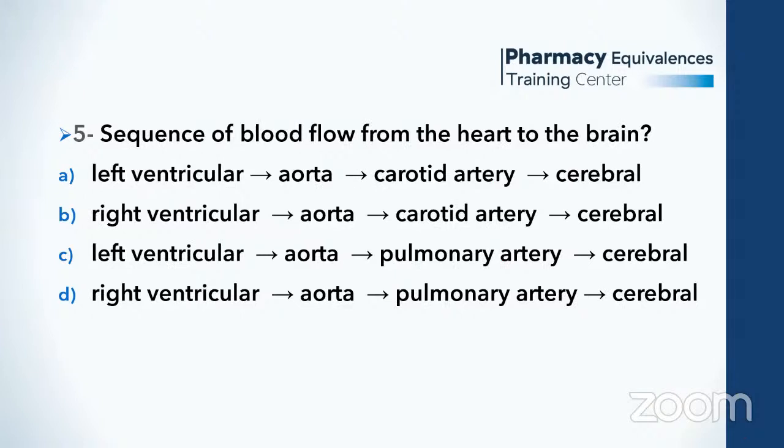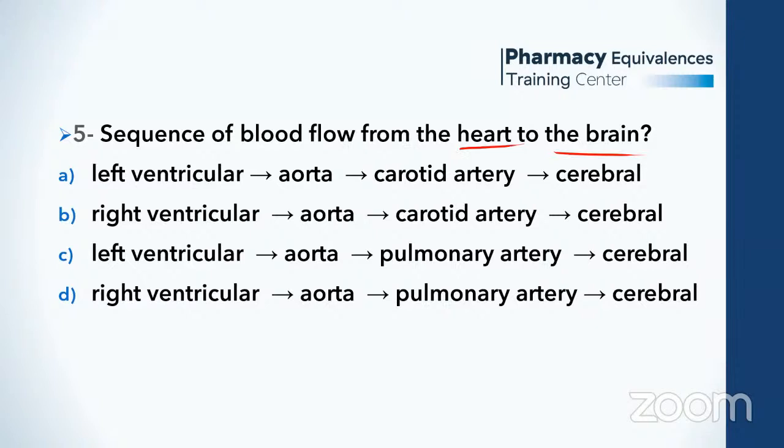Another question. Here it is asking about the direction of the circulation, related to the anatomy of the heart. Sequence of the blood flow from the heart to the brain.